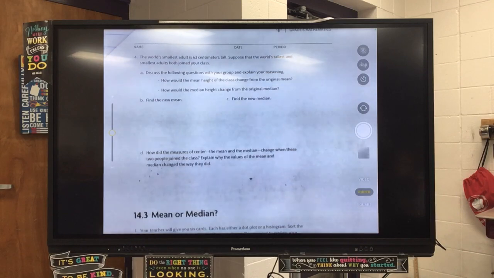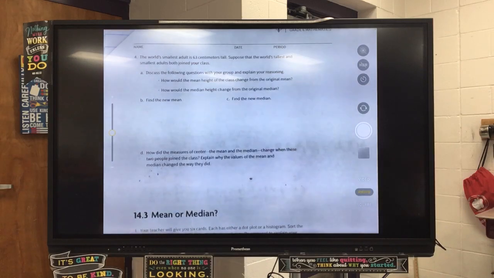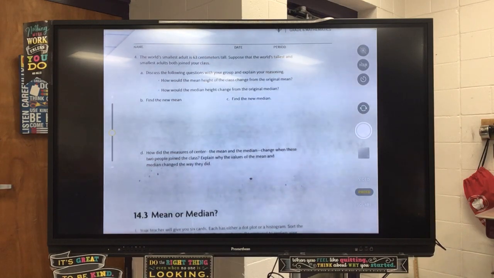Alex, what number? Doesn't matter, just pick a number lower than 8. 2? Okay. You're going to talk with your group about 2A, the questions we just talked about, and then you're going to find the new mean, the new median, and then answer D. Go ahead.